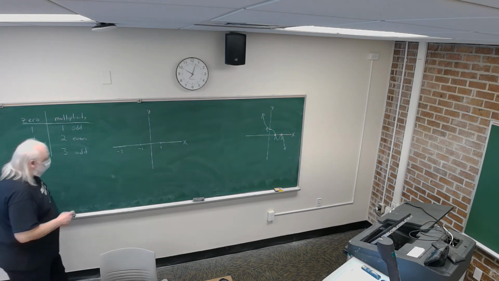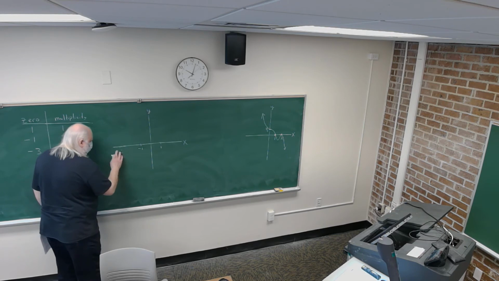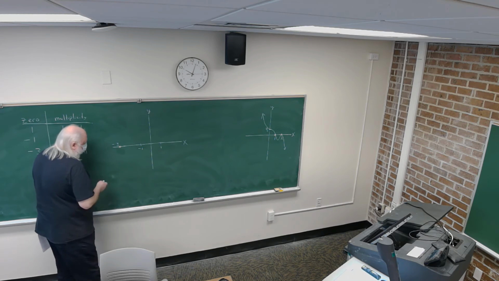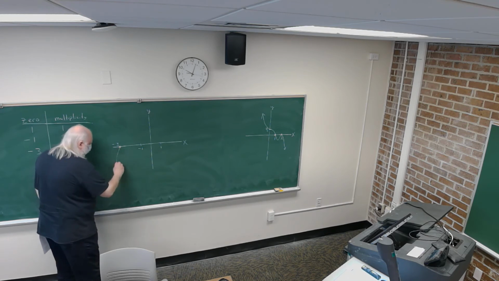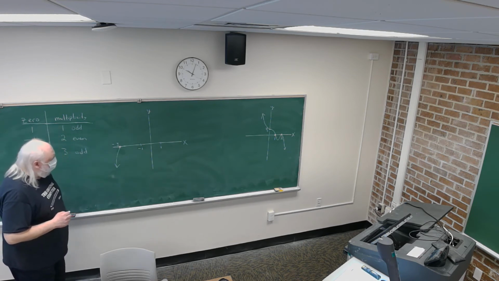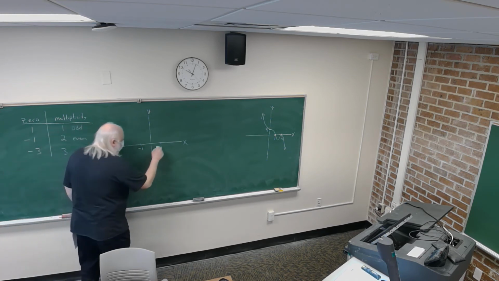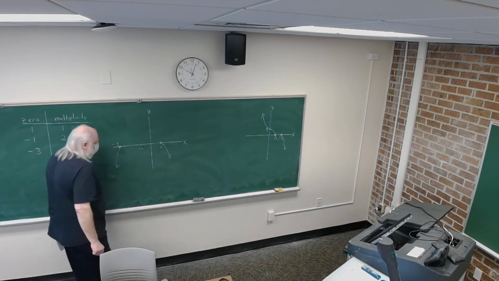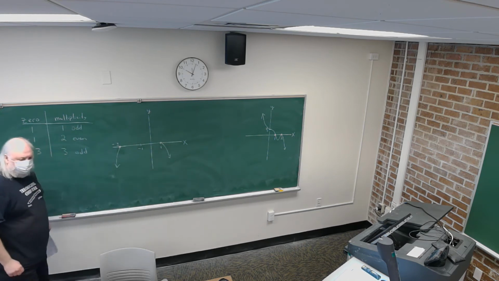Well, we know on the left end the graph goes down. So from the x-intercept farthest to the left, the graph has to go down. And from the x-intercept farthest to the right, the graph has to go down. Okay. What goes on in between?